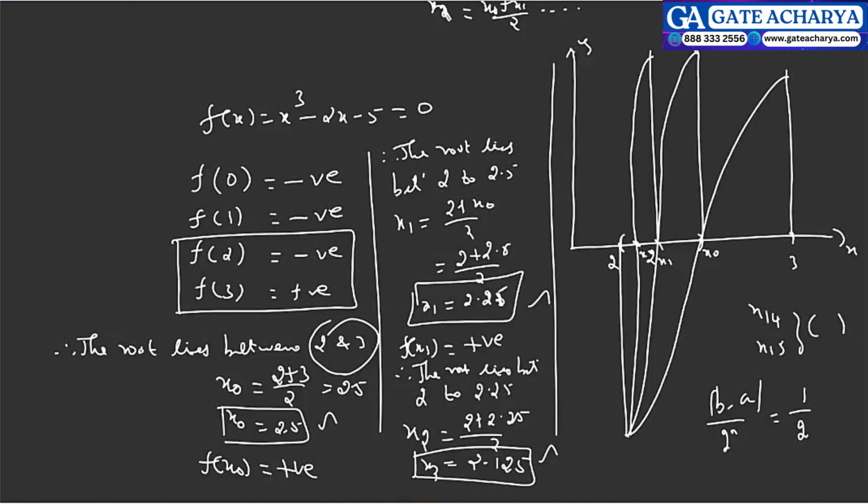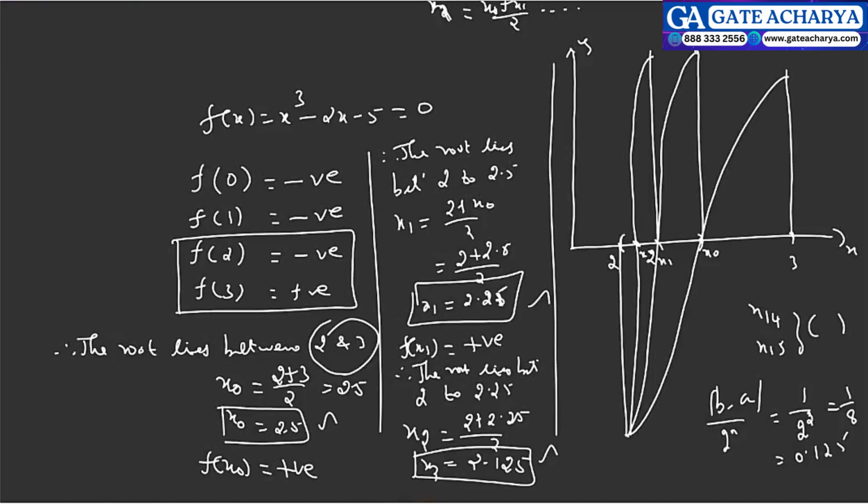We divide the interval up to 3 levels, 3 times: divided by 2, divided by 2, divided by 2. Therefore we get 2 power 3, so 1 by 2 power 3 is 1 by 8, which is 0.125. So it is the error.